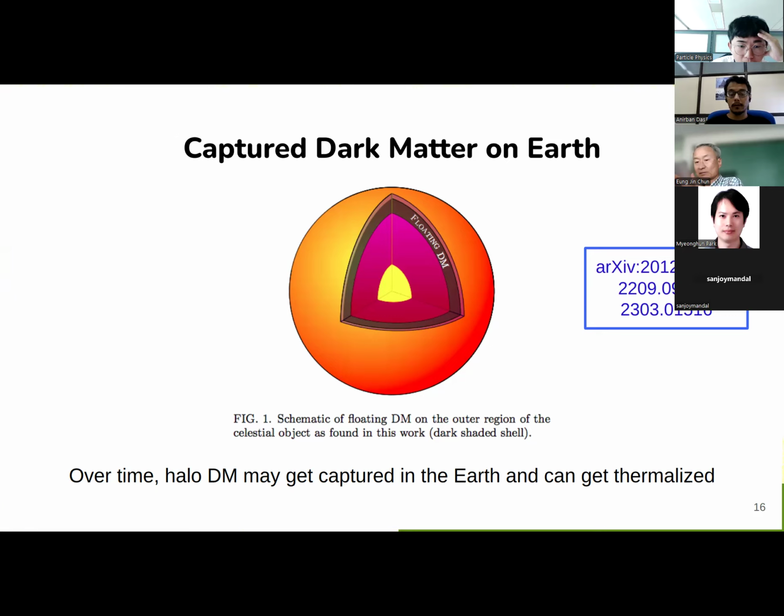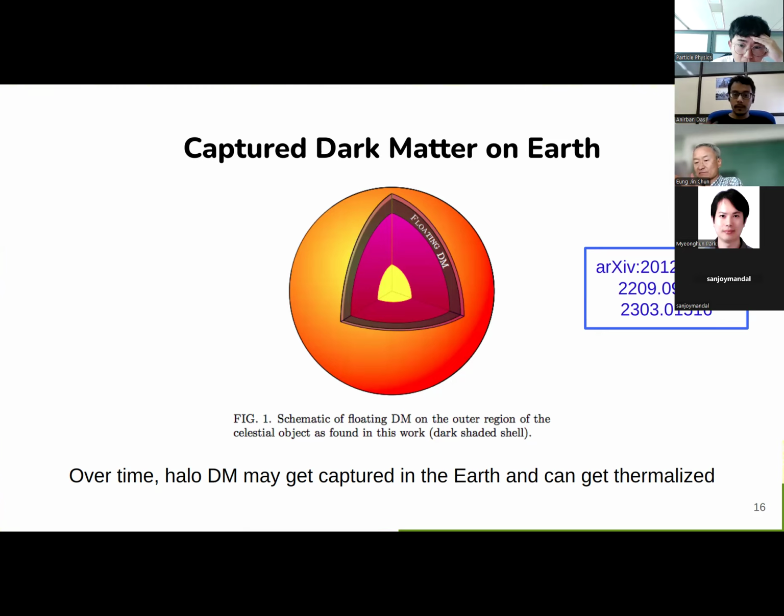When the cross section is large, what will happen over billions of years is this: our Earth is billions of years old, and over the age of this object, dark matter will scatter with the crust or the whole of the Earth.